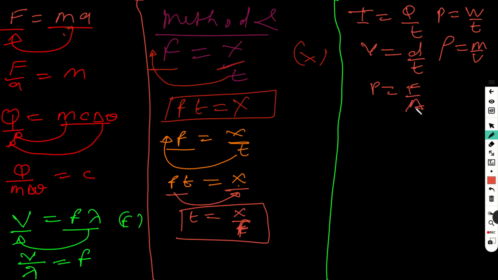So I'd like you to pause the video and try to see whether you can make any of them the subject of the formula. I'll do some. For example, this is pressure. Now if I want to make, let me say, A the subject of the formula, how will I go about it? So if I have A, what first? A is below the line.